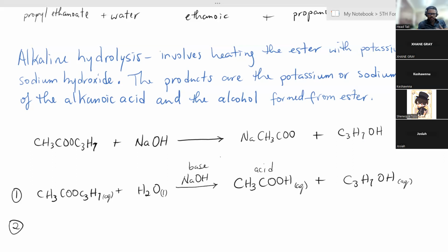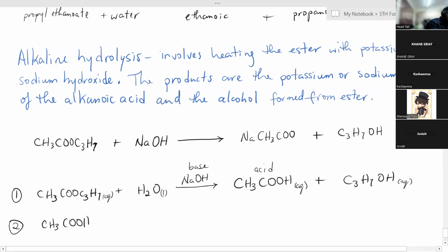But because this acid is produced, every time it's produced and it's in the presence of a base, immediately it's going to now react with the base. And reacting with the base now, which is CH3COOH, reacting with NaOH, is now going to form NaCH3COO plus water, H2O.